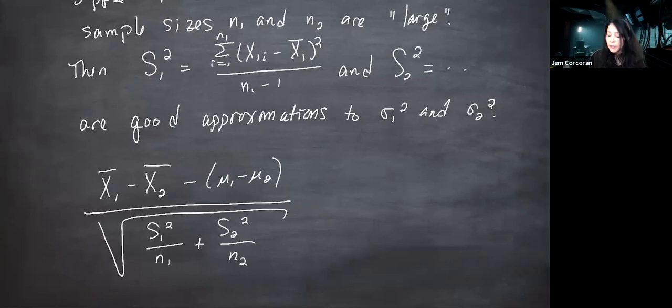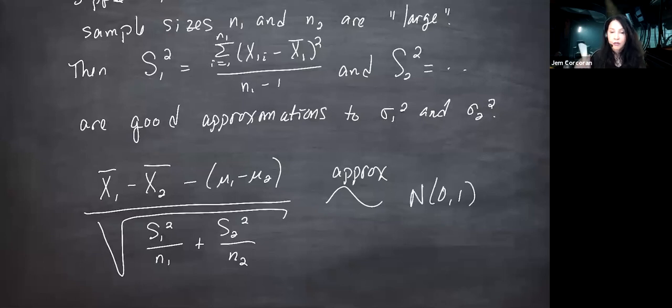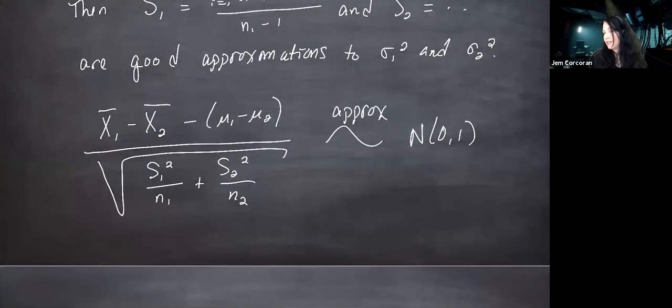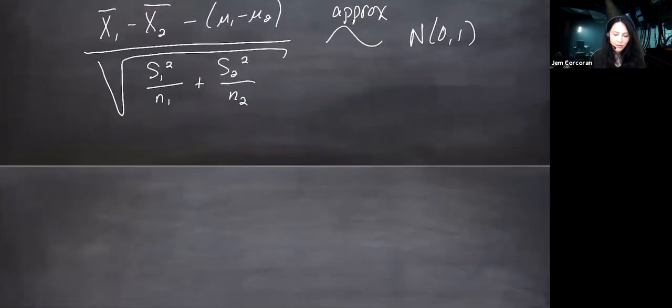And I'm claiming that this is approximately, I'm not using asymptotically, it is an asymptotic result, but I don't really want us to think that hard. It's roughly, as n gets large, normal 0, 1. And to formalize that statement, you would use Slutsky's theorem. And you would say that you know this distribution if you had the sigmas.